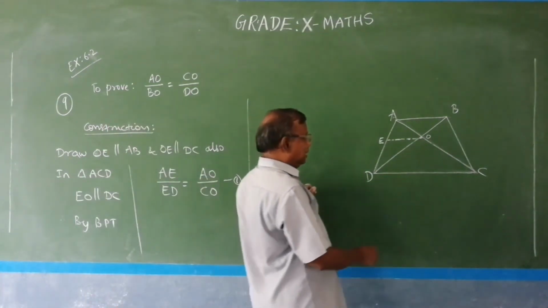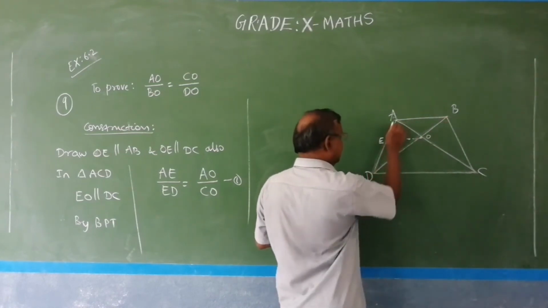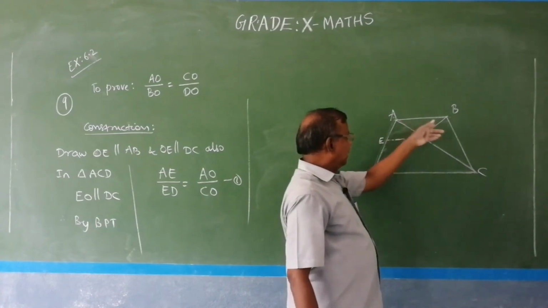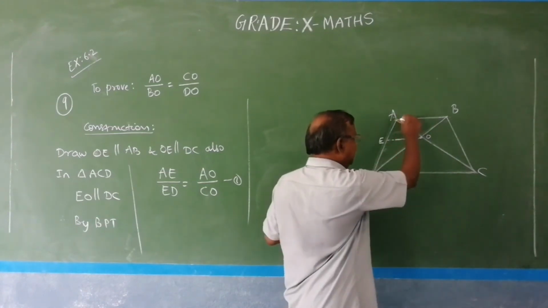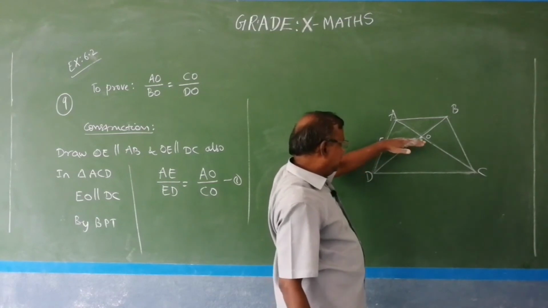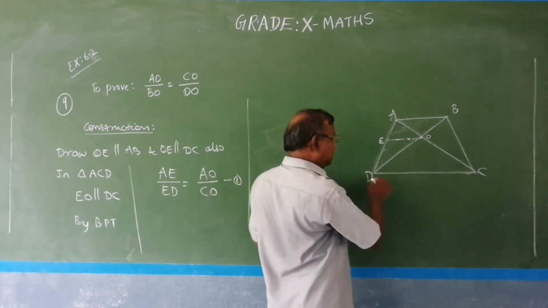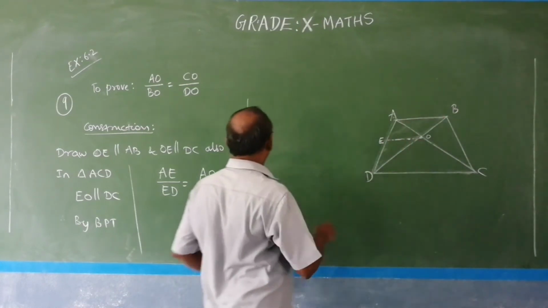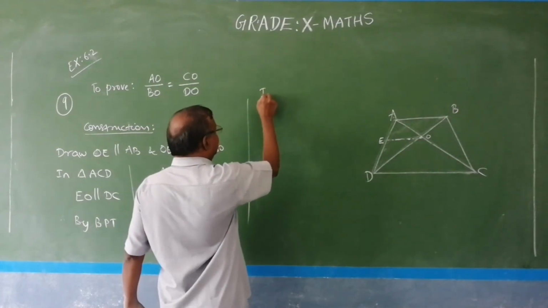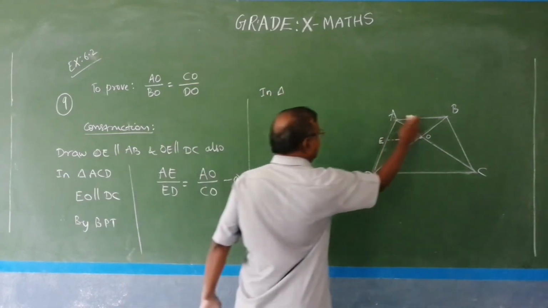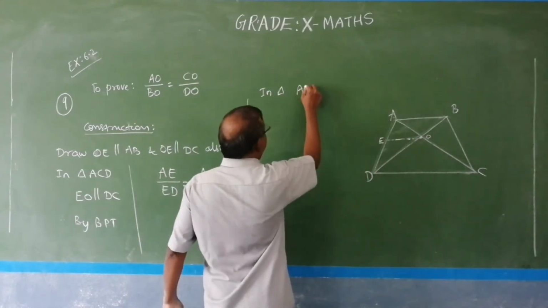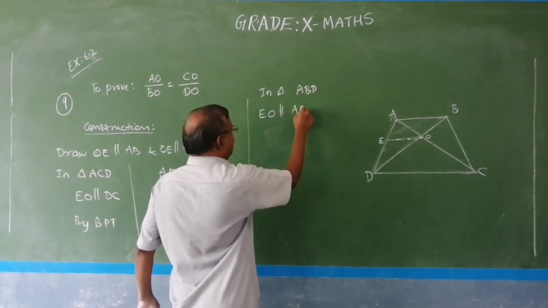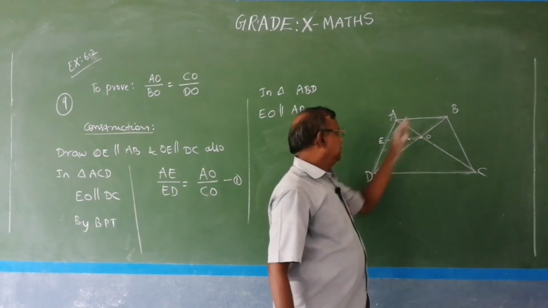And again consider the triangle ABD. Because EO is parallel to AB, we have to take another triangle. So, in the first triangle ACD we take EO parallel to DC, but in the other triangle ABD, we take EO parallel to AB.